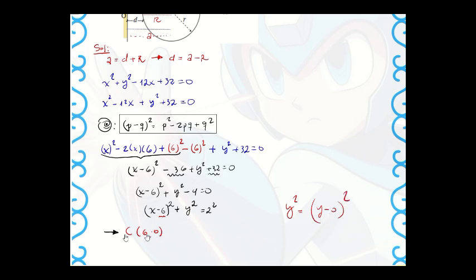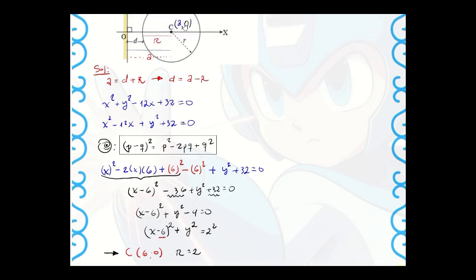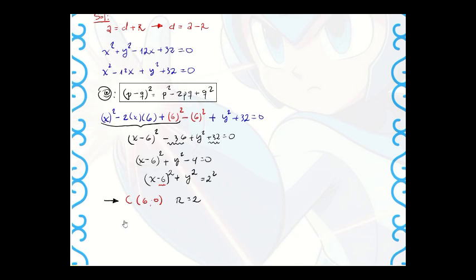That's why it's 0 here. Well, and what is going to be the radius? The radius is 2. Why? Because 2 squared is the same as the radius squared, so the radius is 2. And then we already have the value of a. As we see, the center is a, 0, but in this case is 6, 0, so a is equal to 6 and the radius is 2.